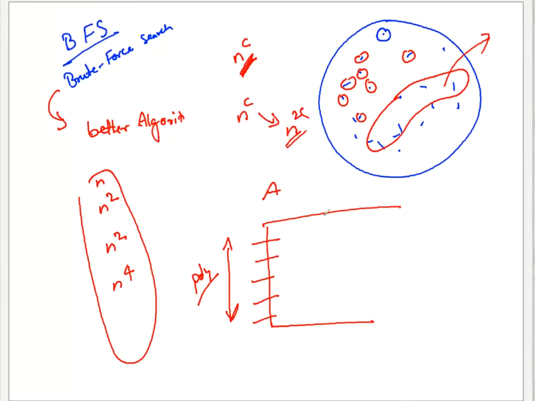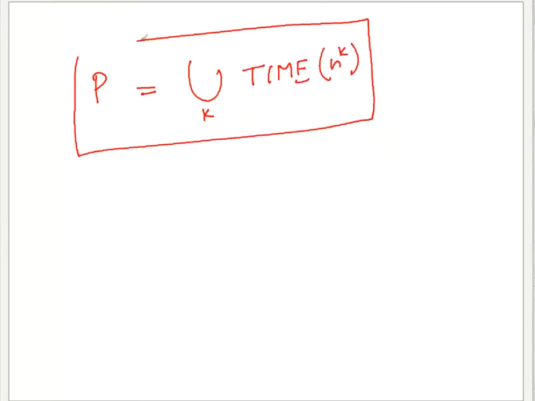So a deterministic Turing machine that runs in polynomial amount of time solves a problem. So we define a class P. What is P? P is the union over all constant values of k of time n to the power k. I hope you remember what a time class is.